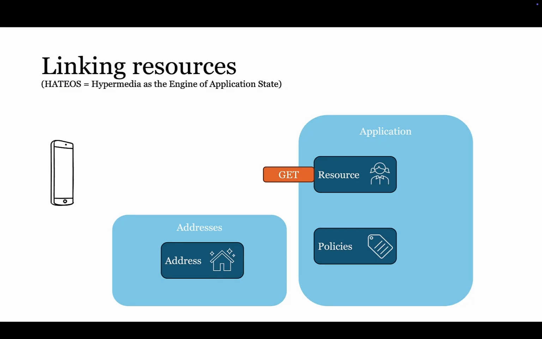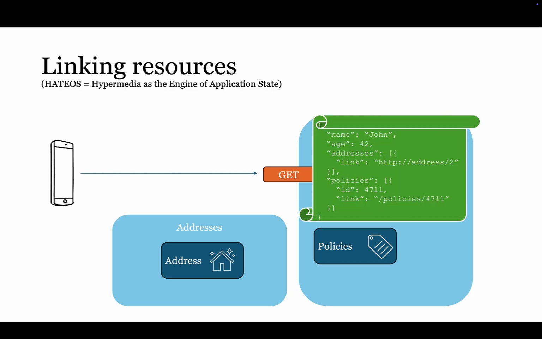If a client requests data for John Doe, the server could also send links to additional resources or actions for interacting with the API. Possible examples here include a link to all of the customer's addresses, or to the customer's existing insurance policies, or perhaps even a note on how to modify the customer's data or how to delete it, for example. As a result, the client does not need to know in advance what is possible with the resource under which URLs, which in turn enables a significantly looser coupling between applications.